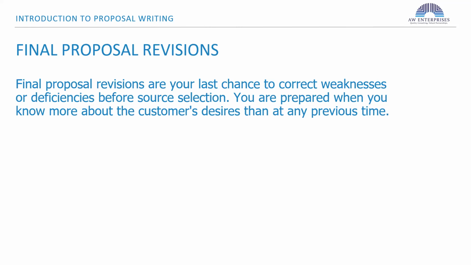You are prepared when you know more about your customer's desires than at any previous time, okay? So they will tell you where they feel a section is deficient, and you'll have a limited time to respond so that they can get that contract awarded to the winning bidder.